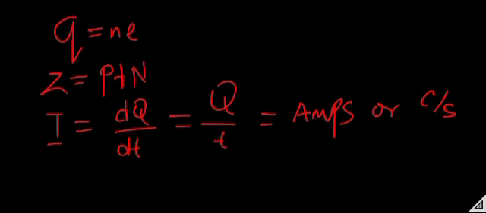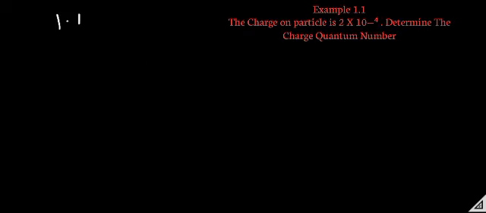Example 1.1. It says that the charge on a particle is 2 times 10 raised to power minus 4. Determine the charge quantum number. Now, the charge Q is equal to 2 times 10 raised to power minus 4 coulombs.